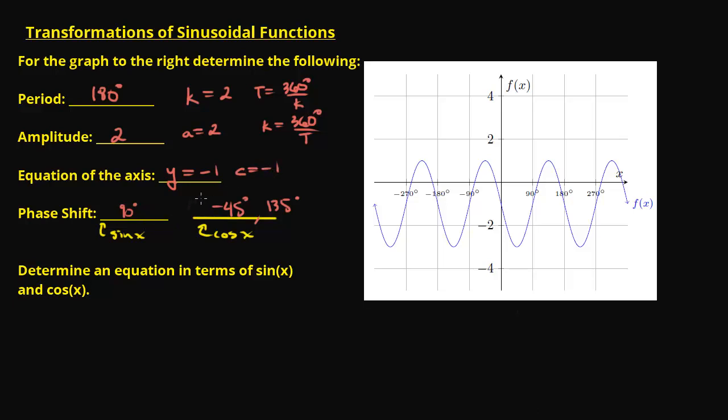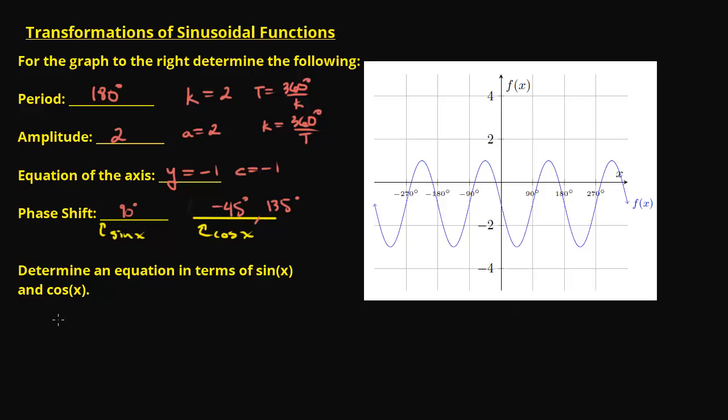And notice that it doesn't matter whether we model this using a cosine function or the sine function. The period, the amplitude, and the equation of the axis are the same no matter what. The only thing that's different between modeling it with a sine curve or a cosine curve is the phase shift.